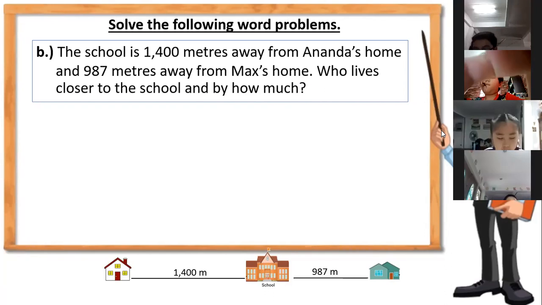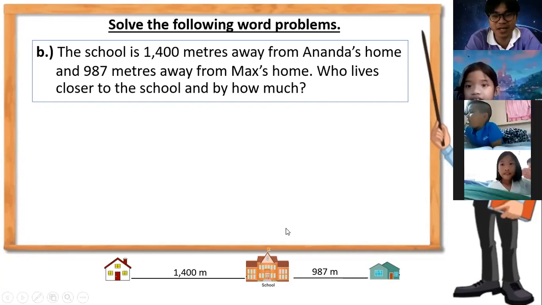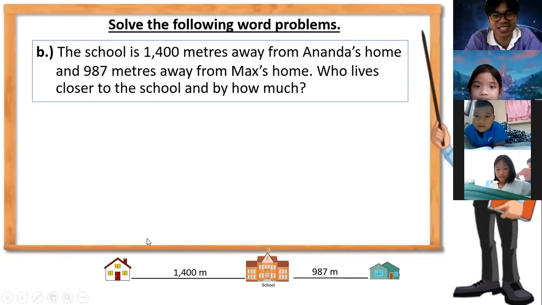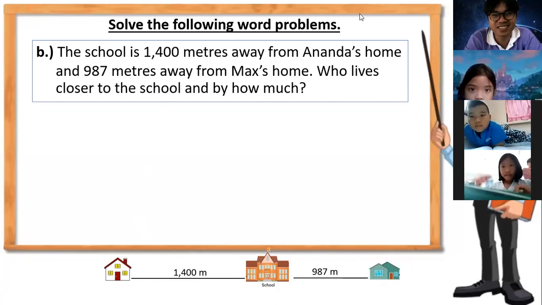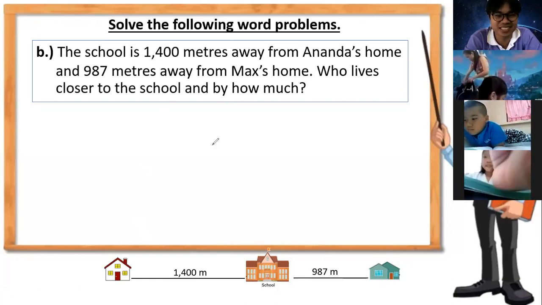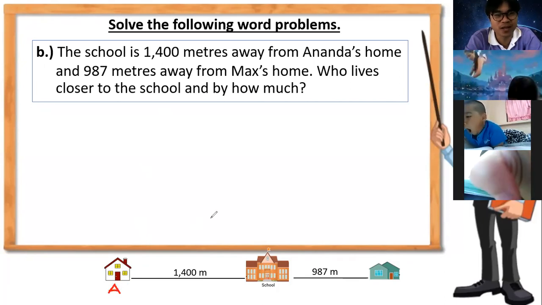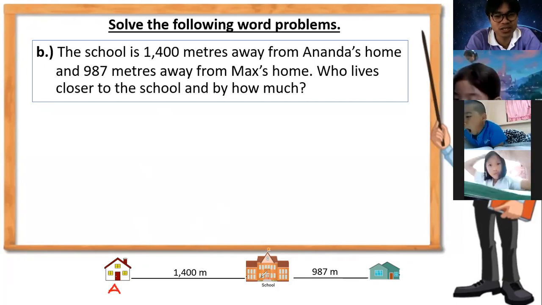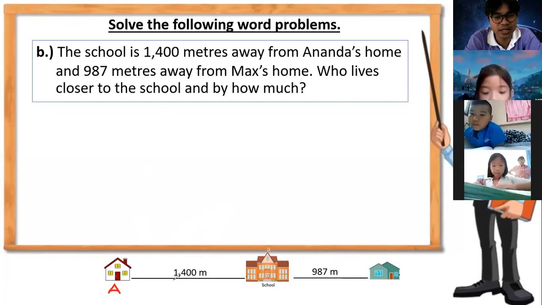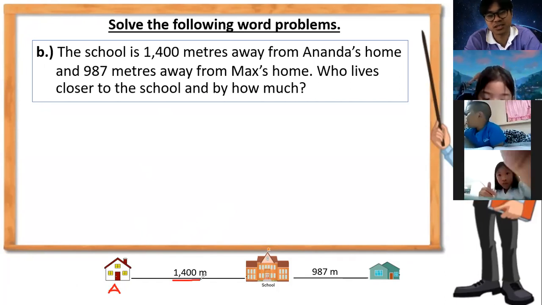So look here in this problem. I already put the picture here. So let's analyze before we solve. This is Amanda's home. How many meters away from the school? This is the school. 1,400 meters.